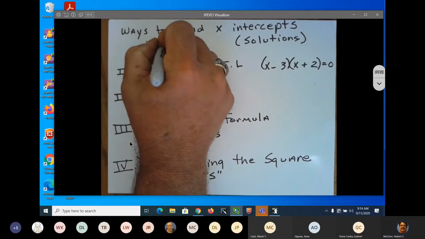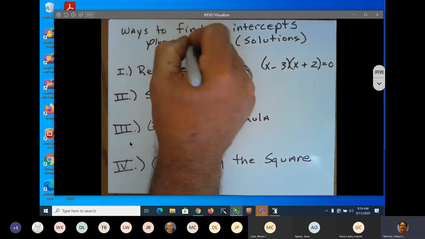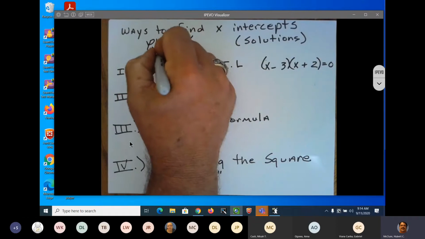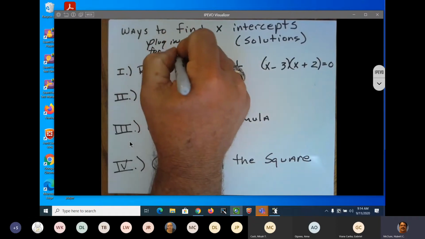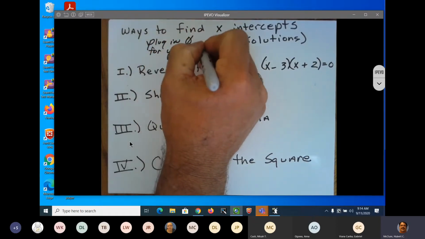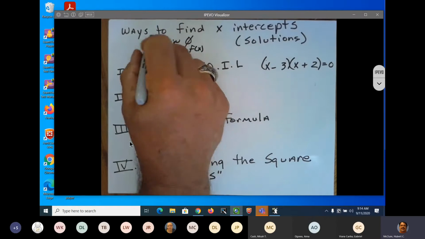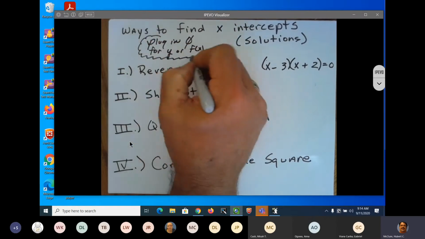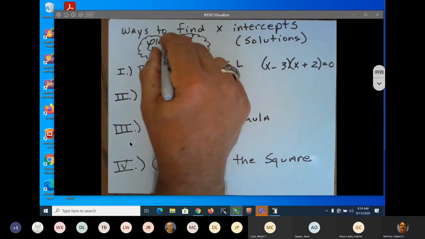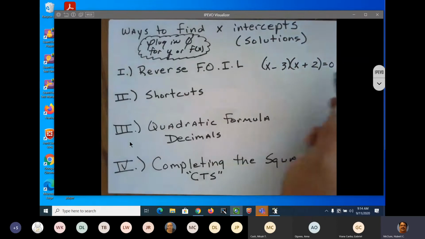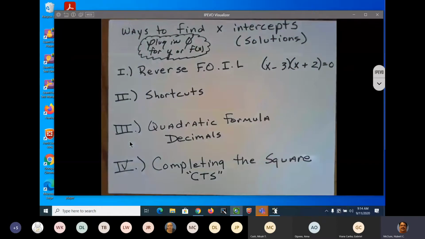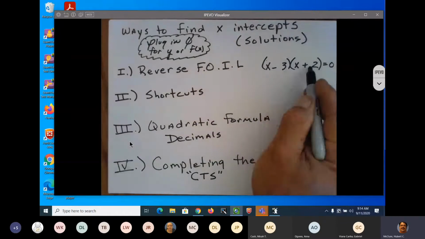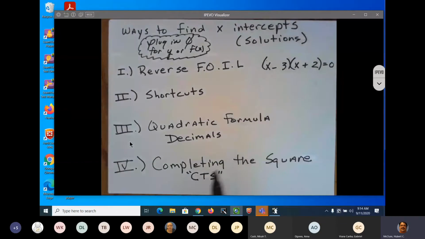Plug in 0 for y or f of x. Okay, remember that. That's how you find your x-intercepts. So when you set the whole thing equal to 0, that's what you're doing, because y is equal to all of this, so that's why you set equal to 0.